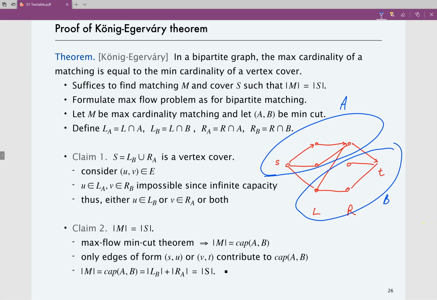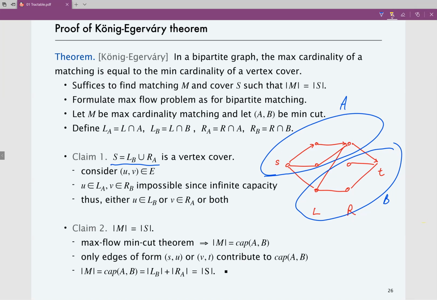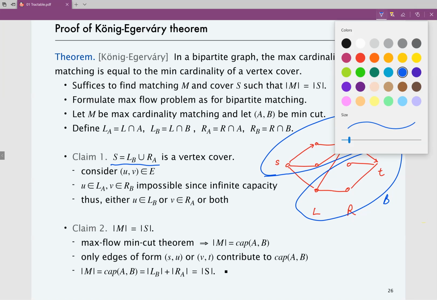So what this statement is saying is that if we take LB union RA, what is that? Let's use a highlighter. So LB, what is this? Let's use black for this.